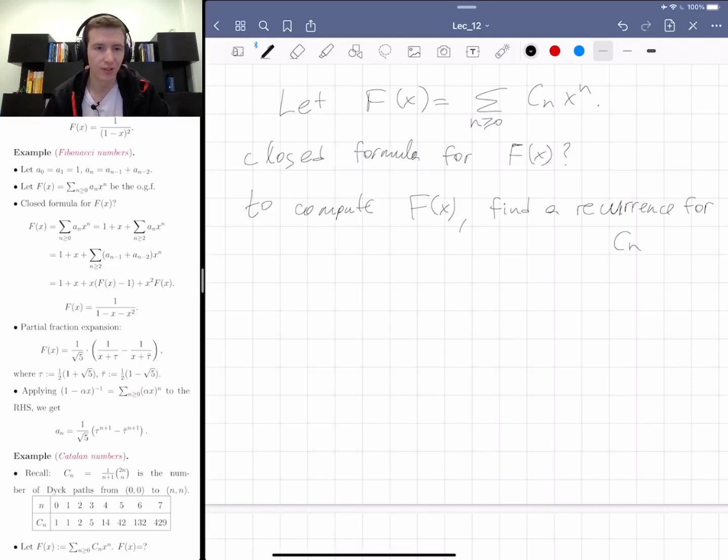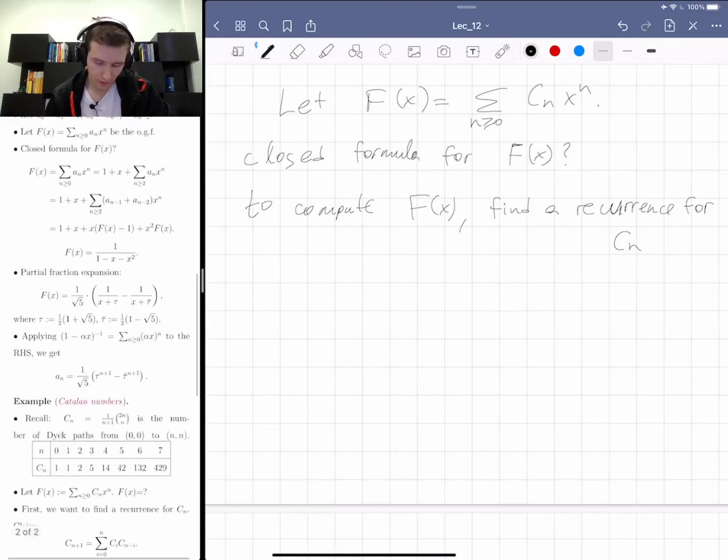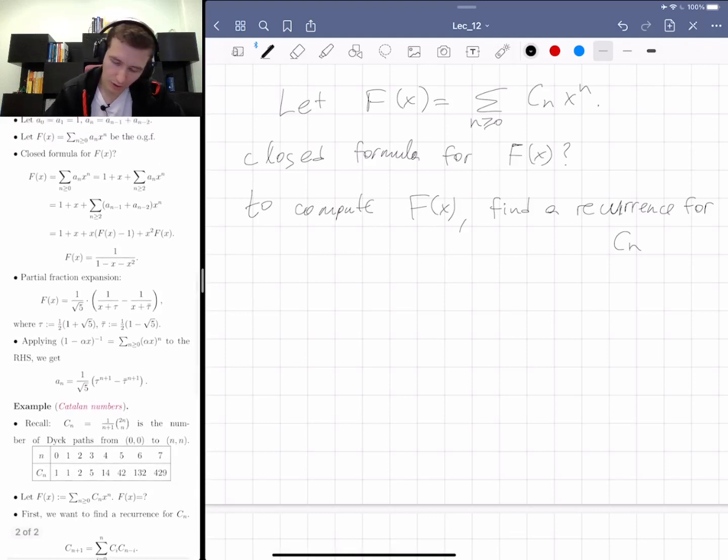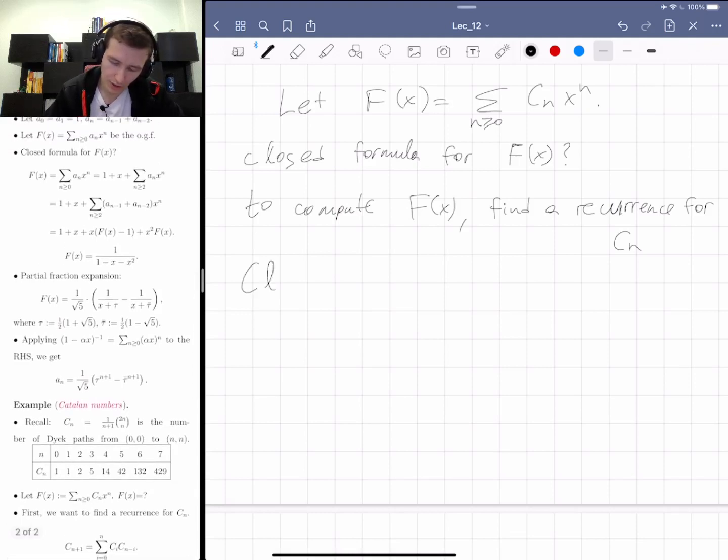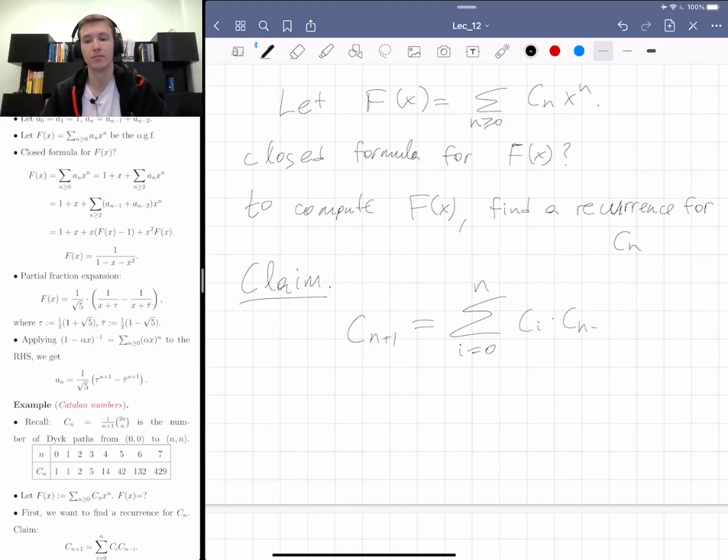So here's the claim. The claim is that the recurrence for Catalan numbers is a very simple statement: the n plus first one is the sum from i equals 0 to n of c_i times c_(n minus i).